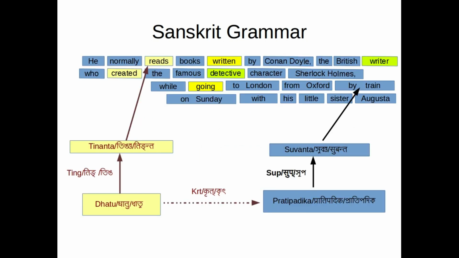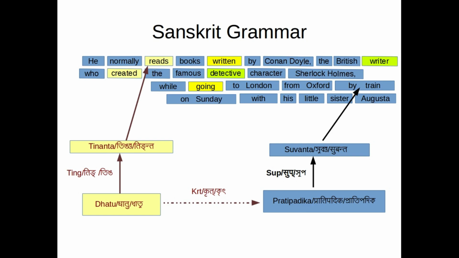Now, let us take a very big and complex sentence. He normally reads books written by Conan Doyle, the British writer who created the famous detective character Sherlock Holmes, while going to London from Oxford by train on Sundays with his sister Augusta.